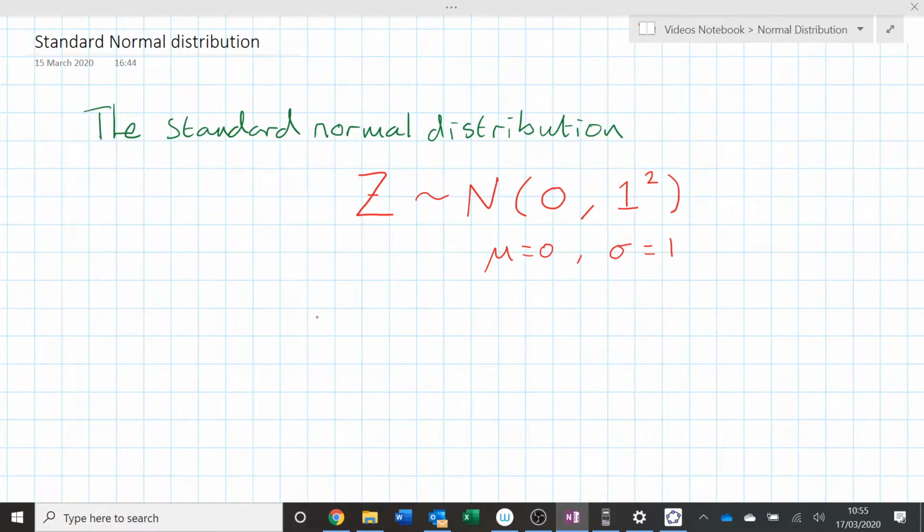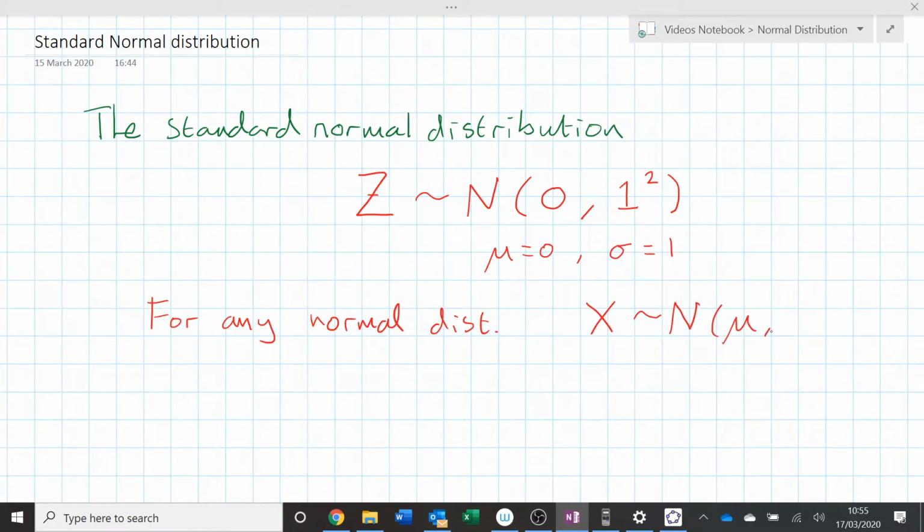And this is the fundamental fact that makes this all possible. For any normal distribution, X is normally distributed with mu and sigma squared. This is any normal distribution, it does not matter what normal distribution we've got.